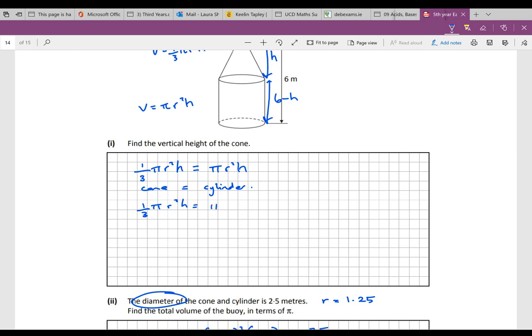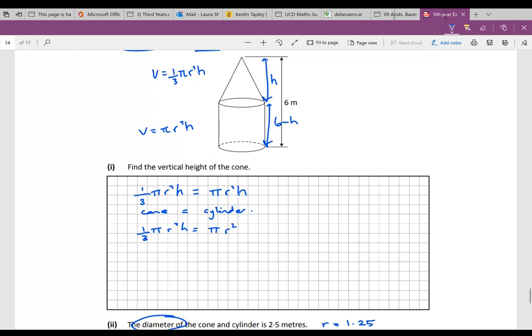And then I've got pi r squared by 6 minus h for this one here. I can actually cancel out the pi's and cancel out the r squareds because I know they've got the same radius. I don't know they're the same height, so I can't do that for height. So I've got h over 3 is equal to 6 minus h.